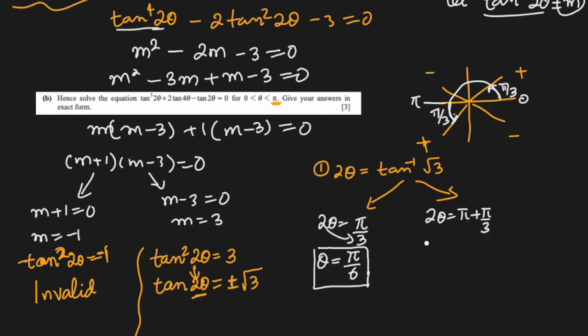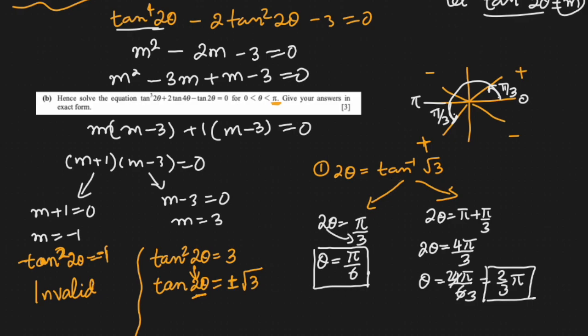So it will be 4 pi by 3. 2 theta equal to 4 pi by 3. Cross multiply again. Theta comes out to be 4 pi by 6, which is again cancel 3 and 2, 2 over 3 pi. This is our second answer. Two answers we got for positive.